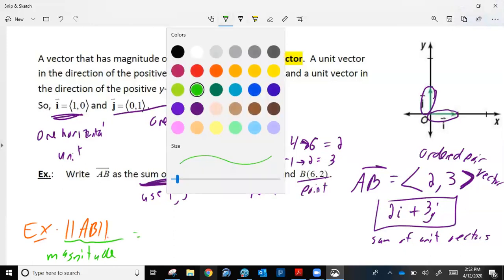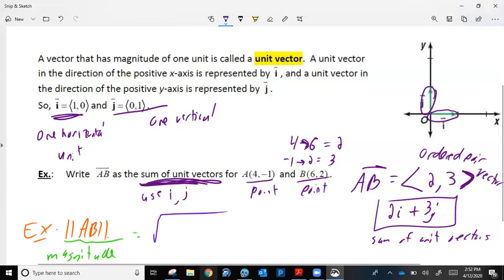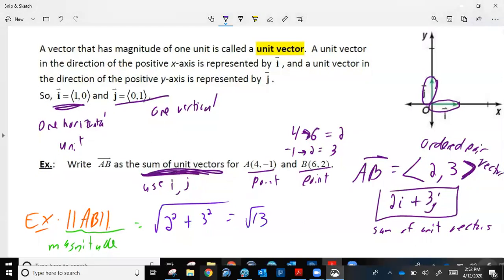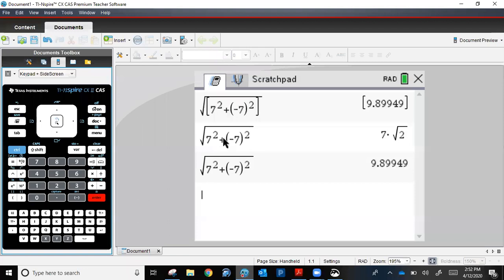And we find that by taking the square root of the horizontal, the x, so the 2 squared, plus the vertical, the j, 3 squared. Radical 2 squared plus 3 squared is radical 13, which is about 3.6.